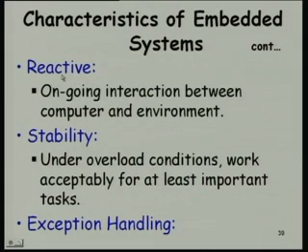A reactive system is one where the interaction between the computer and the environment continues over a large period of time, unattended by anybody, just keeps on working for months or years together. This is called reactive. This term is used in the literature. If you read a book or a paper, you will come across this term.